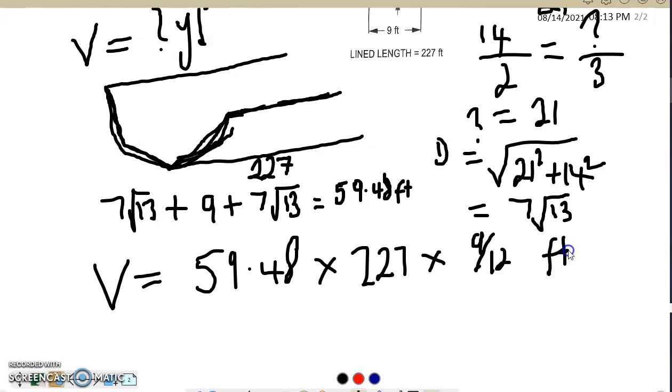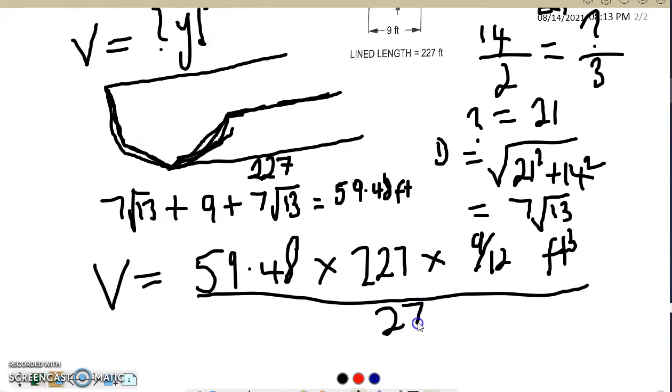They want it in cubic yards. Don't forget that. To convert it to cubic yards, you divide it by 27, because 27 cubic feet is 1 cubic yard.